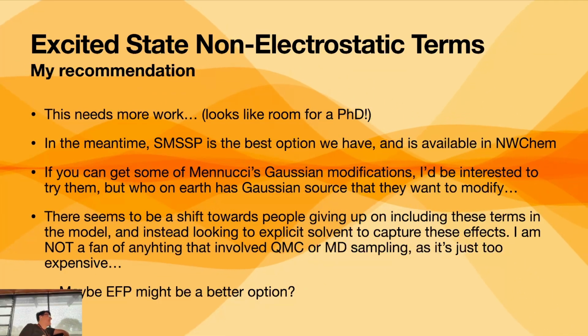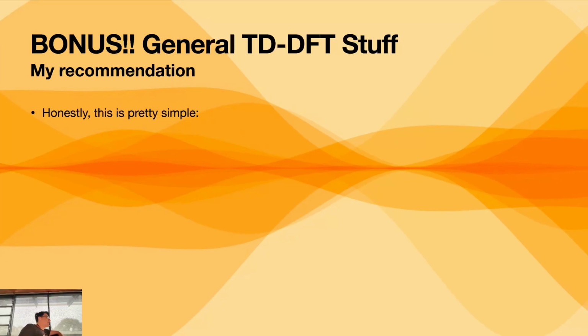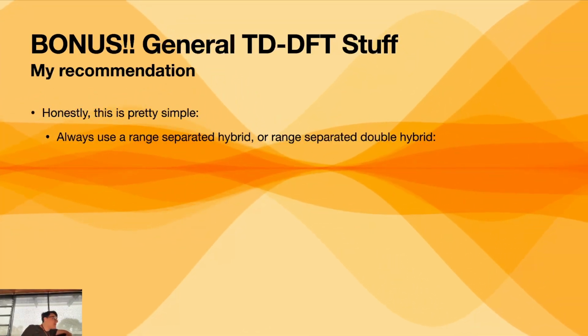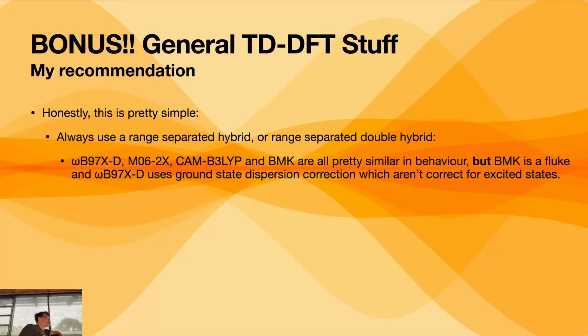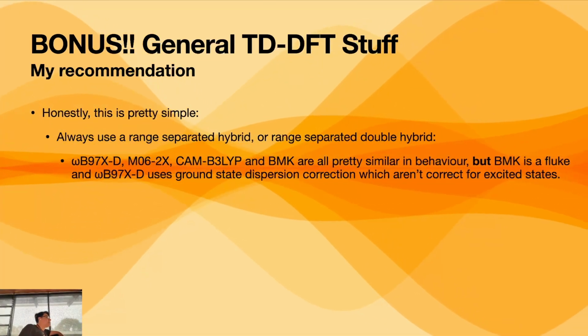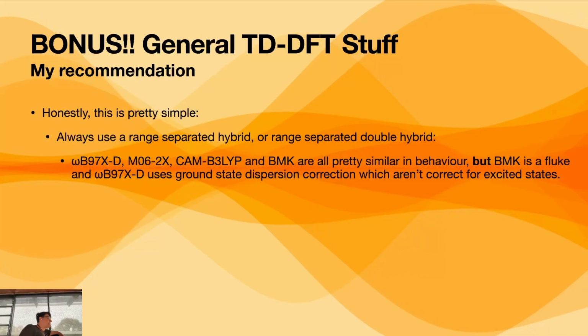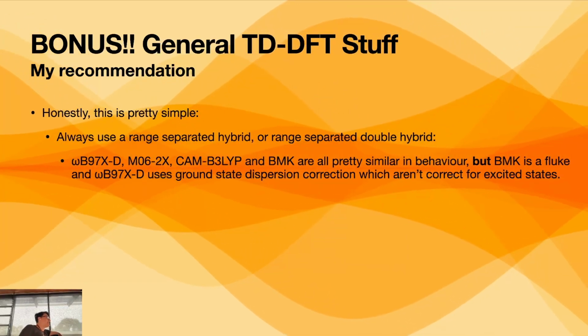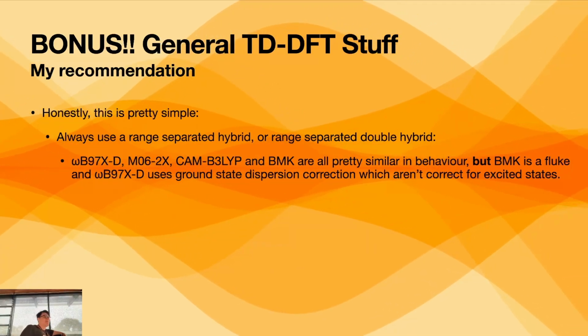General TD-DFT stuff is a bonus. Honestly, it's pretty simple. Always use a range-separated hybrid or range-separated double hybrid. These are pretty similar in behavior. BMK is a fluke in terms of how it responds. It was never designed to do anything like this, but it just happens to get good RMSD values.